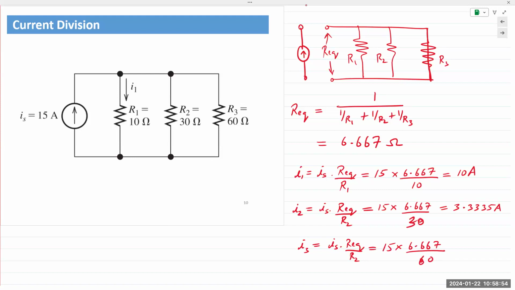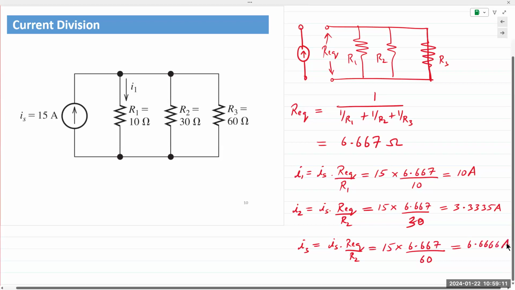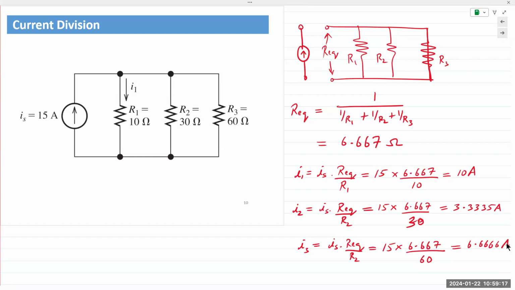60. And the last one. Logic tells me that it should be correct. Resistors R3, R2, and R1.